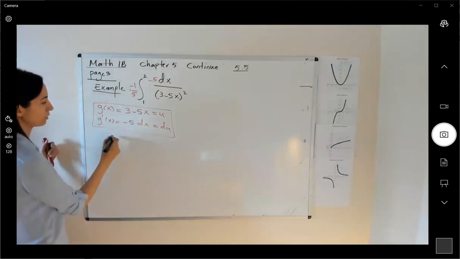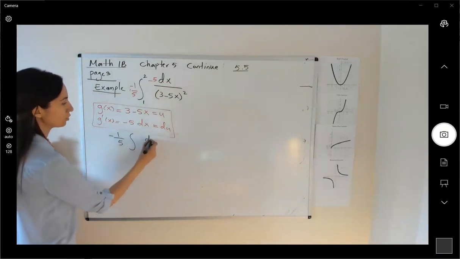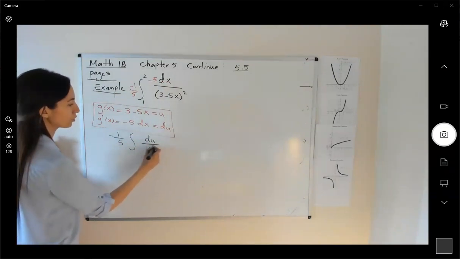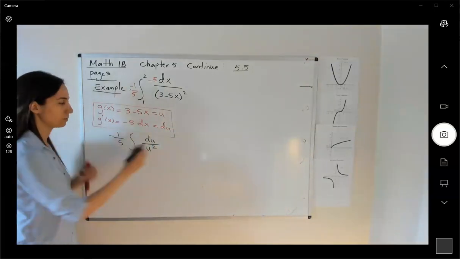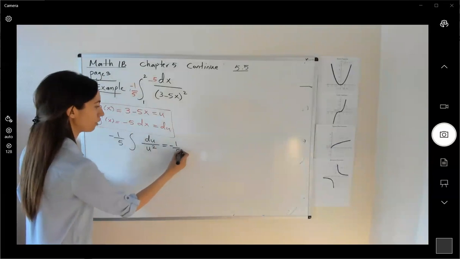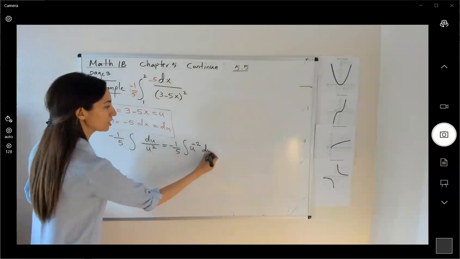So now I have negative 1/5 integral du over u squared, which is easy to find. This is negative 1 over 5 integral of u raised to negative 2 du.